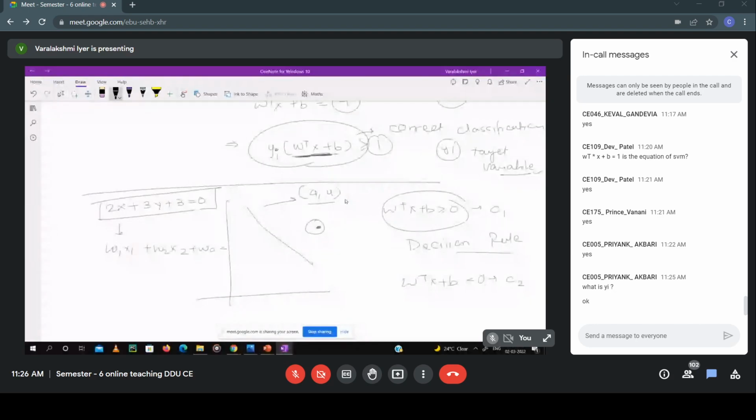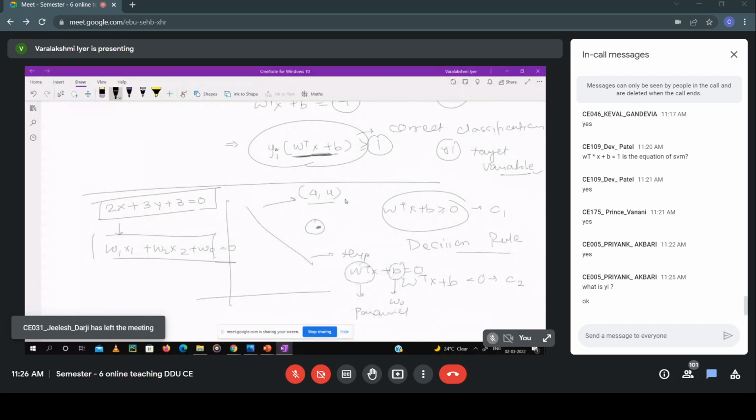This is ultimately our hyperplane equation, W transpose X plus B equals 0, where B is similar to W0 and W transpose holds our parameter values W1, W2, W3 and so on. So we use the values X1, X2 as 4 and 4 in this equation: 2 into 4 plus 3 into 4 plus 3 is greater than 0. So it lies on the positive side of the hyperplane.